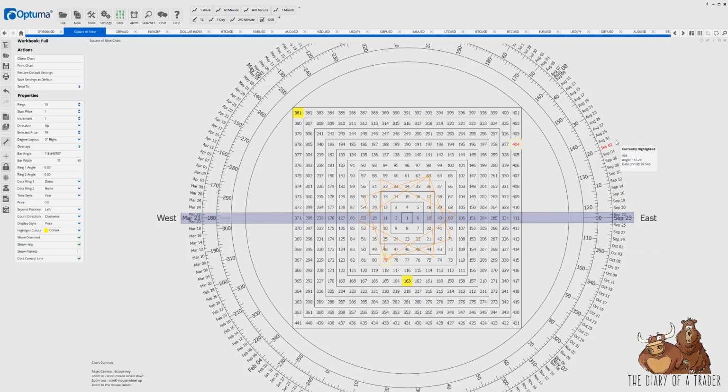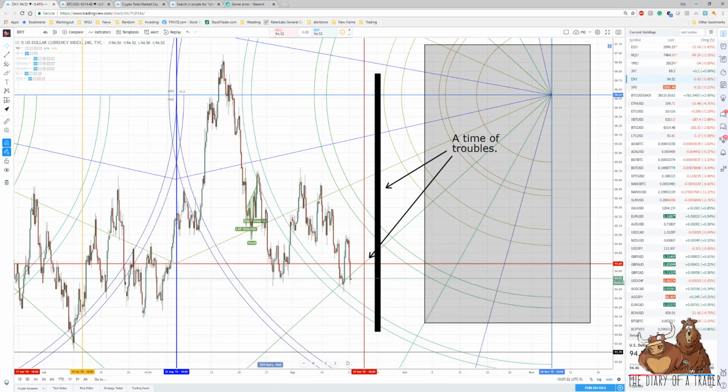So moving forward in the currency markets, looking at the dollar index, this could be a very interesting time frame, especially starting on the 19th and going into the end of November.